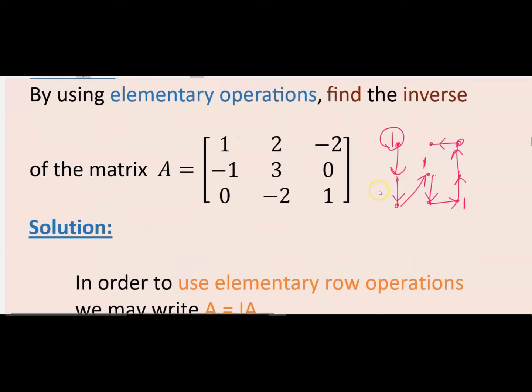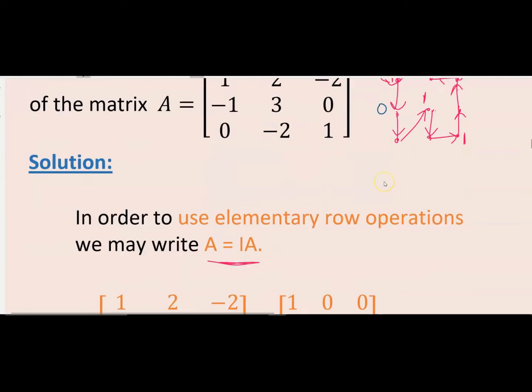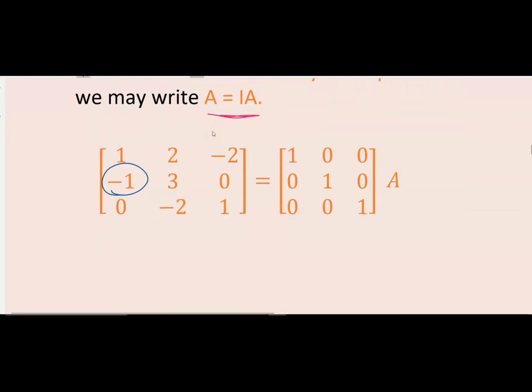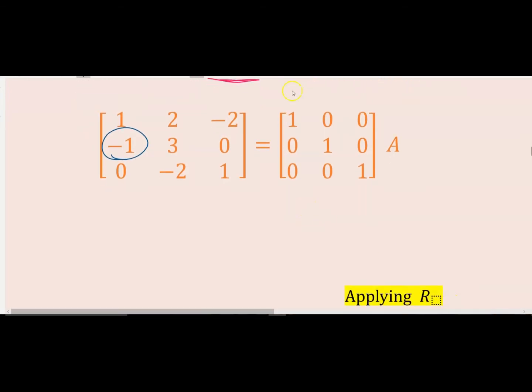Now let's move to the second entry, that is this one, and it should be 0 now. So we have to convert this one to 0, right? Which operation can we apply here?